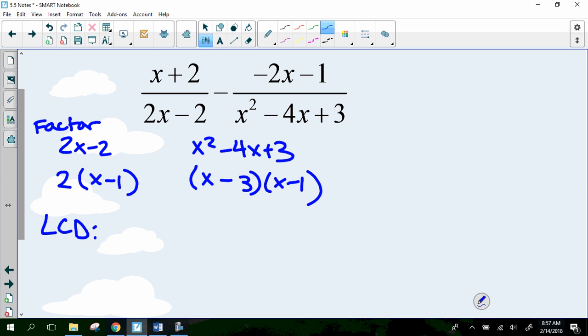With your table partner, make sure that you account for everything. If it is in one of the denominators, it has to be in your least common denominator. You can't get rid of anything. So if it is there, you have to have it.